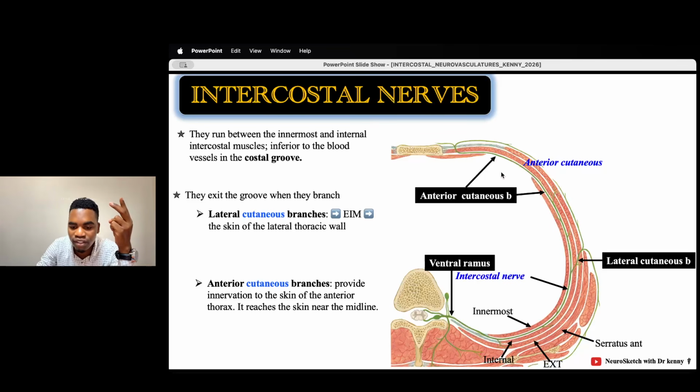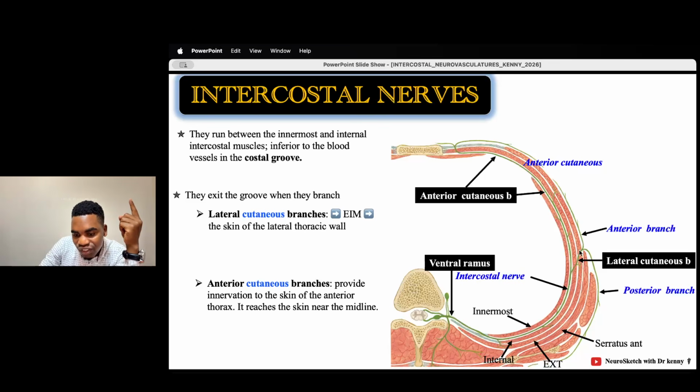The lateral branch of the intercostal nerve will further be subdivided to form an anterior branch and a posterior branch. The anterior branch, or anterior cutaneous branch, will further be divided into a medial branch and a lateral branch. This is the intercostal nerve; this is how they are derived.